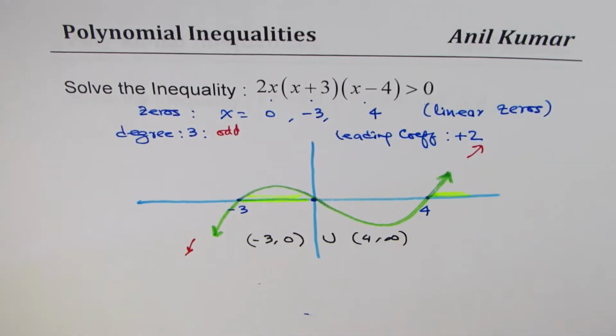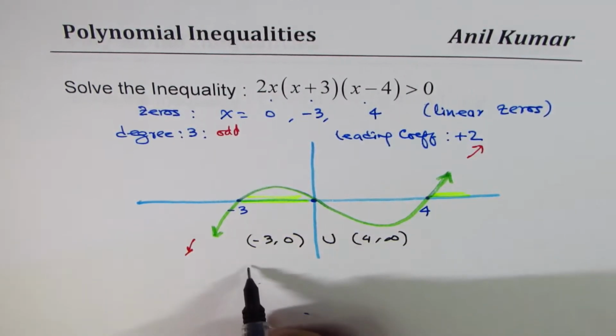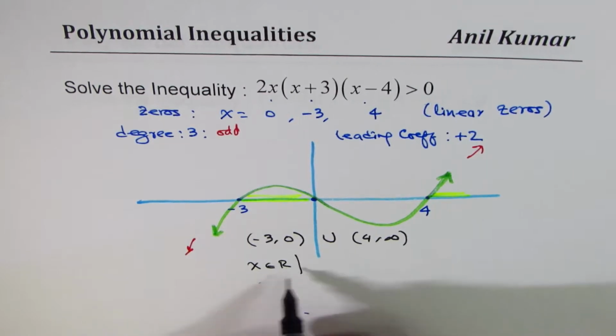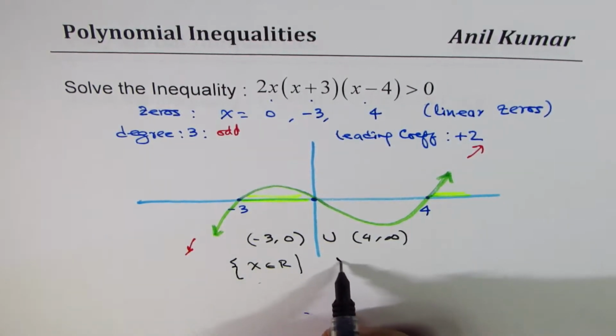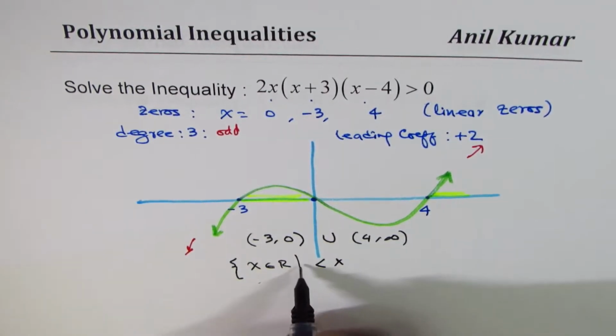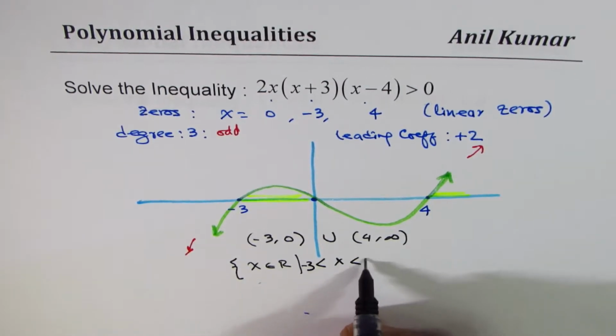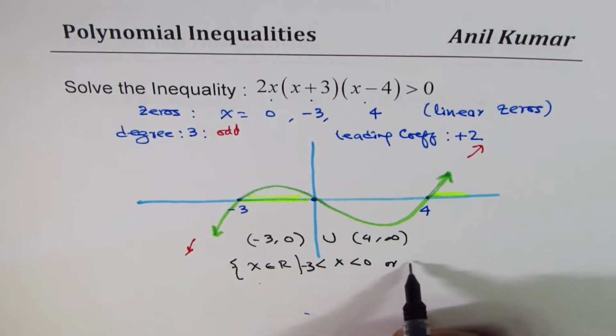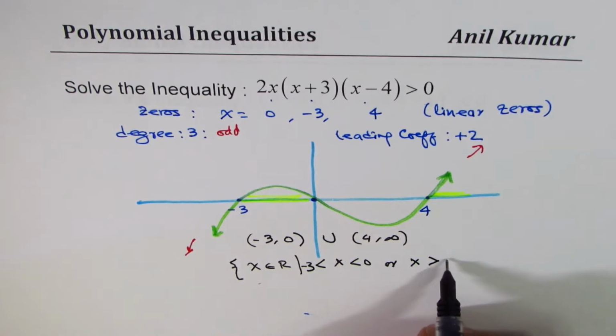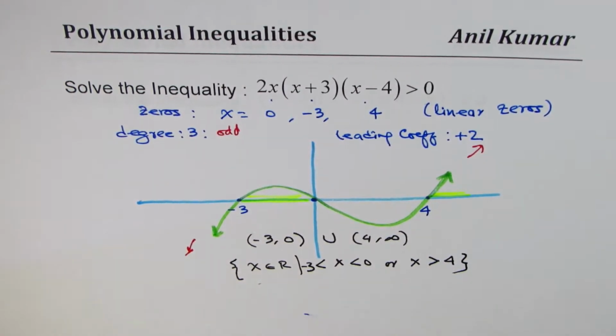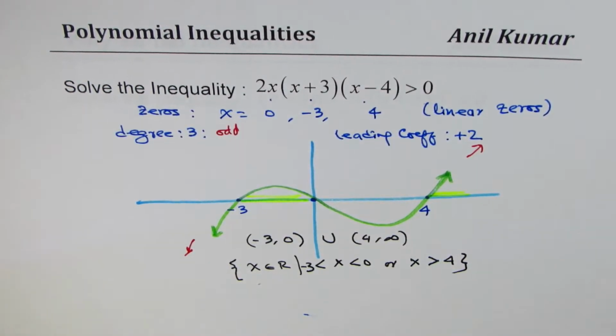Or you could write that x belongs to real numbers such that x is greater than minus 3 and less than 0, or x is greater than 4. Either way, that becomes your solution, right?